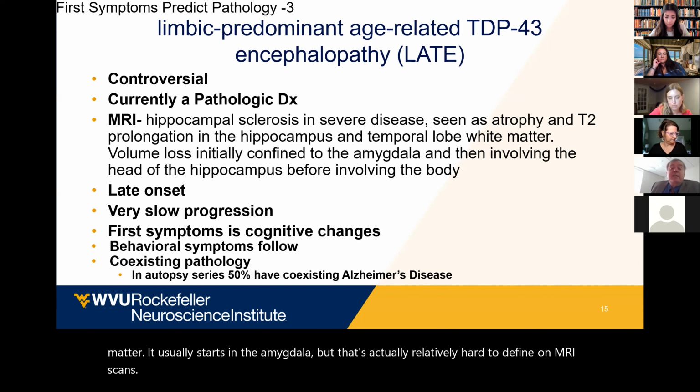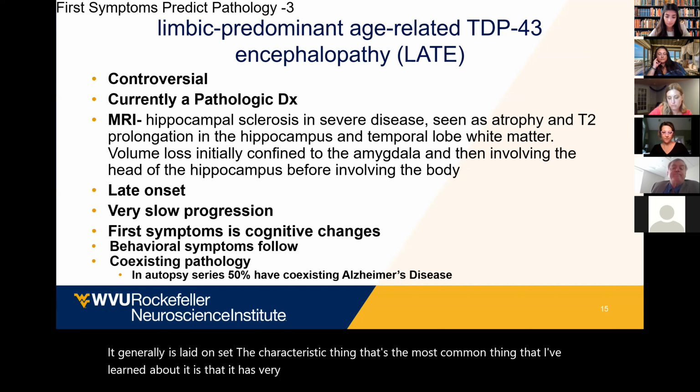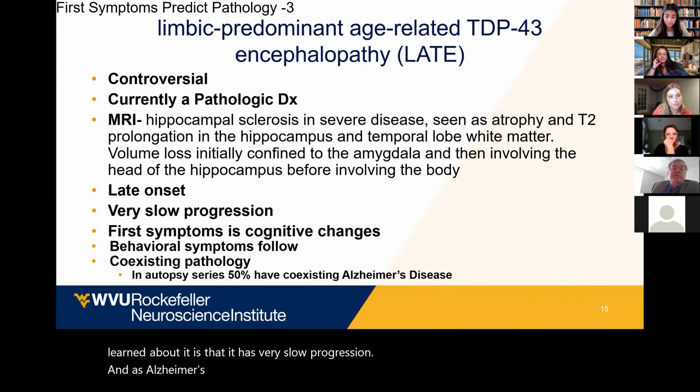It generally is late onset. The most common thing that I've learned about it is that it has very slow progression. As with Alzheimer's disease, cognitive changes are the most common. Behavioral symptoms follow.